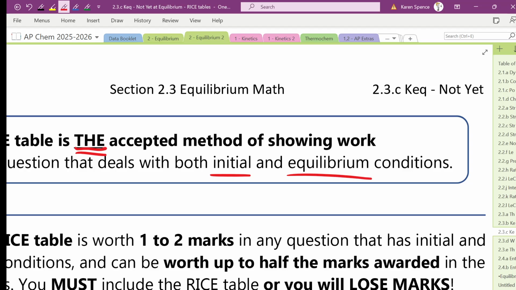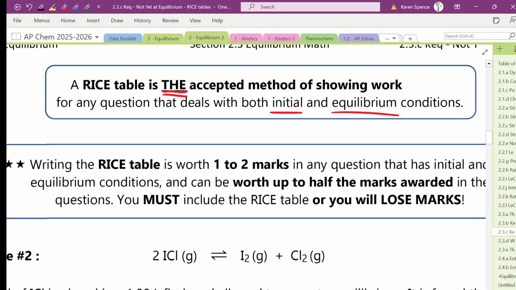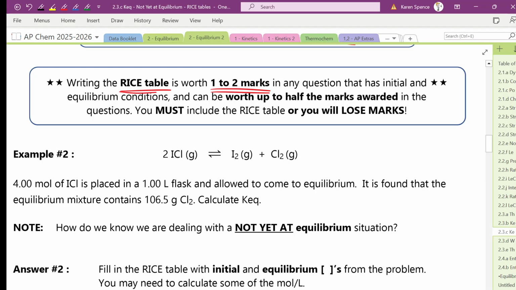I will take off marks if you don't show it, and as will AP. Writing the rice table is worth 1 to 2 marks in every question. And if your question is out of 4, that's up to 50% of your marks, right? So that's a lot. If you don't show your rice table, you might only get a 2 out of 4, even if you get the right answer at the end. Okay, so make sure you show it.